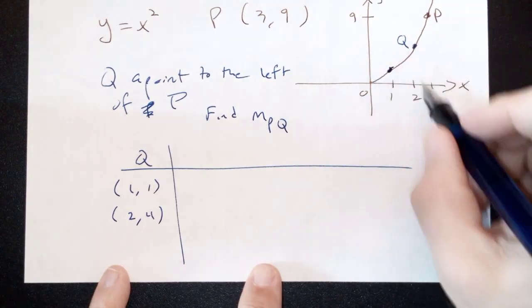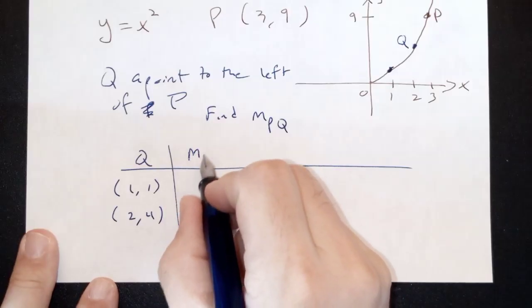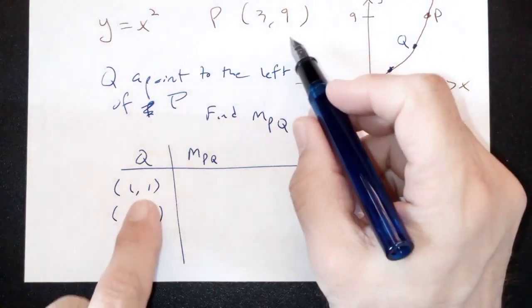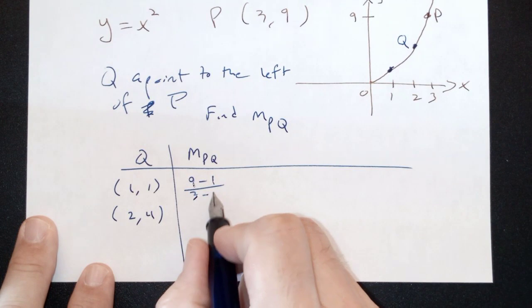1, 1, 2, 4. Yeah, I can even see where those would be on my graph. If I have the point 1, 1, then the slope from P to Q is change in y over change in x.